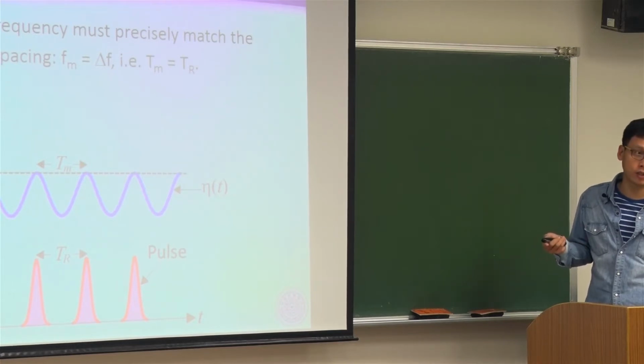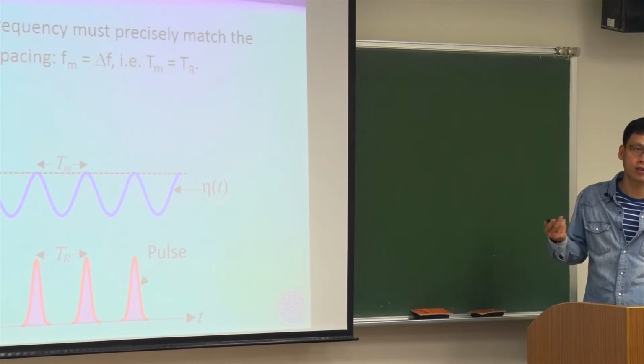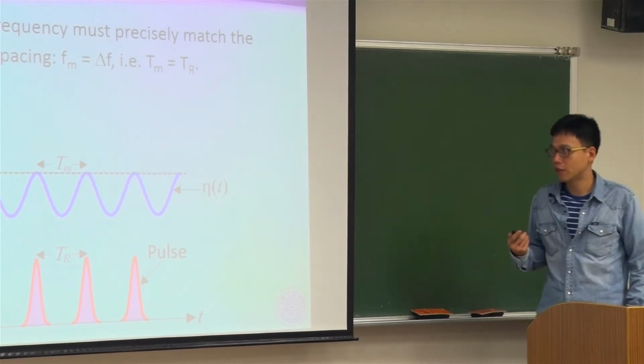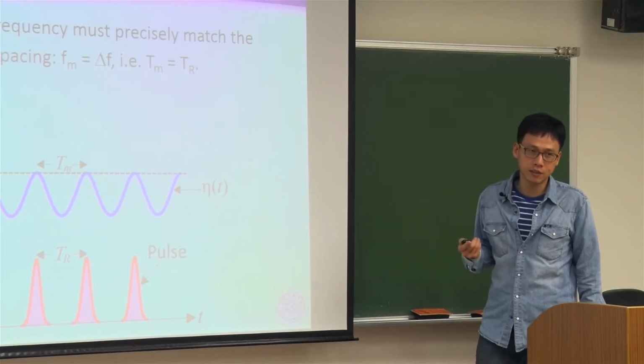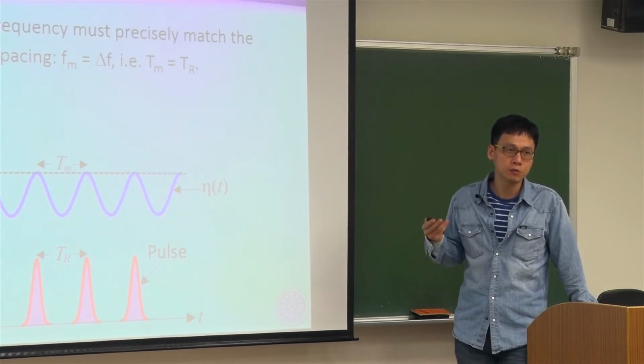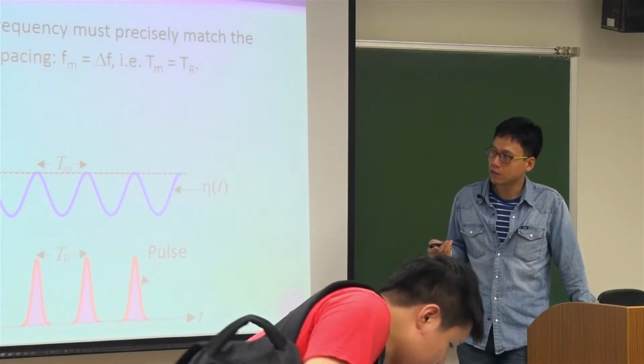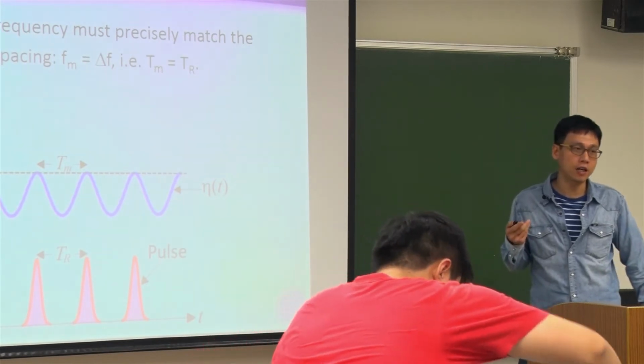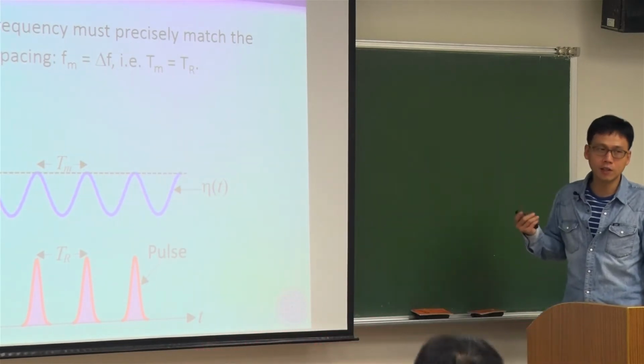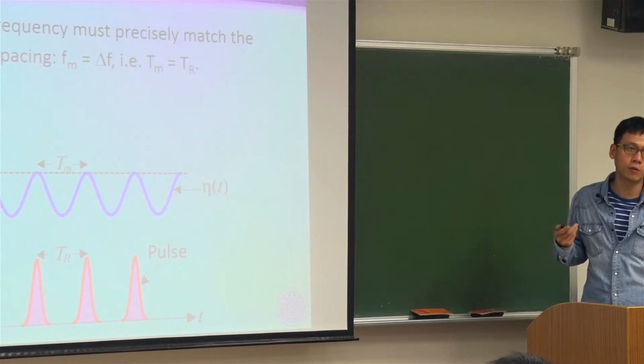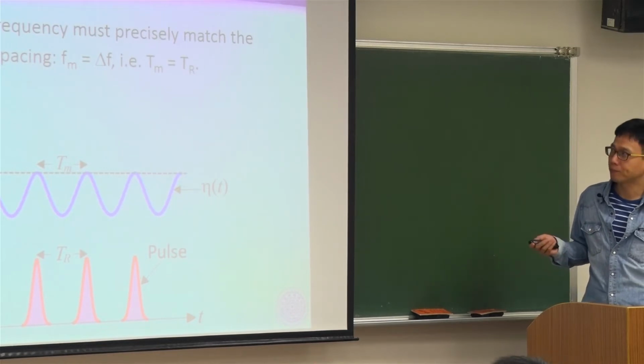T_m is your own choice, T_r is the cavity's. There are 2 independent parameters. So if you don't do anything, they should be different, at least slightly different. Then you have to spend a lot of effort to lock them together, usually a feedback loop. Okay?